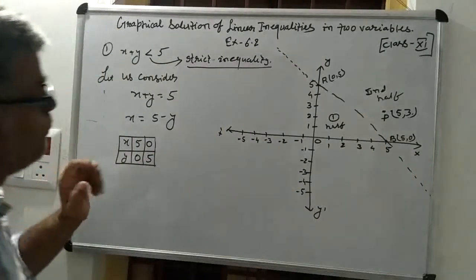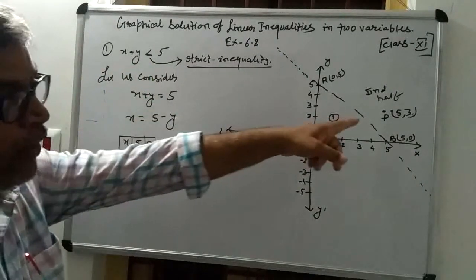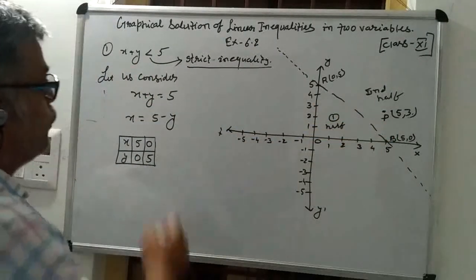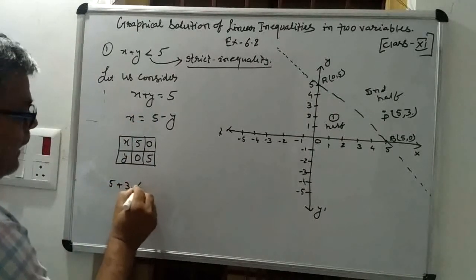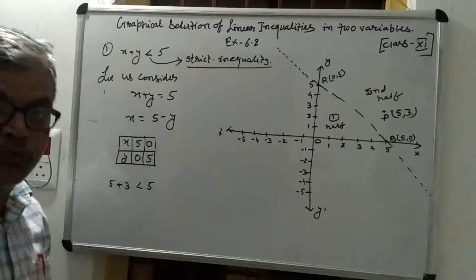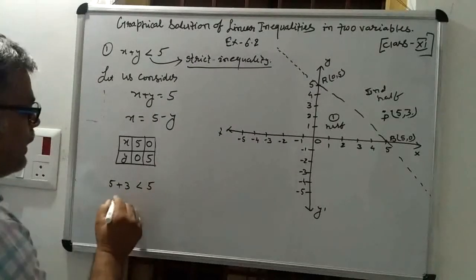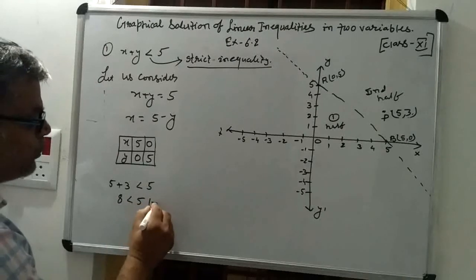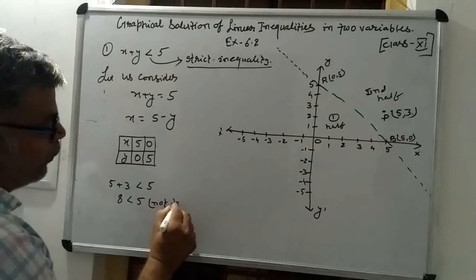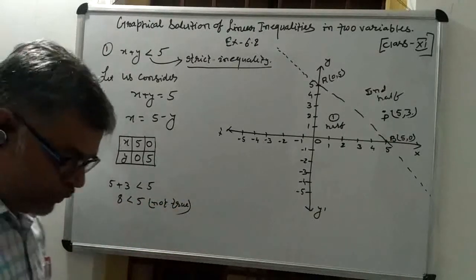Now put the value of x and y for the point P. So when you put 5 plus 3 is smaller than 5 in the inequality, then you will get 8 is smaller than 5, which is not true. Why? Which is not true.